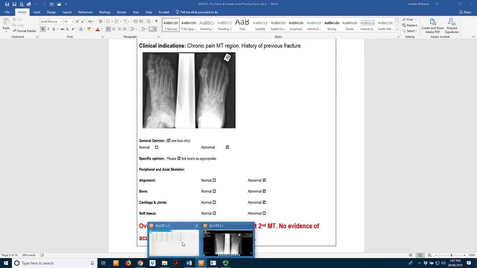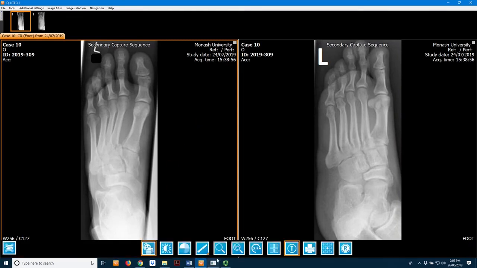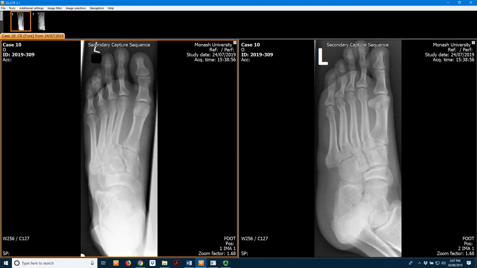So our final case then. So this patient was in a road traffic accident with a very painful swollen foot. So we're looking at the left foot. So if we look at the alignment, we can see that there's clearly some issues with the alignment at the Lisfranc joint, and similarly in that case as well.